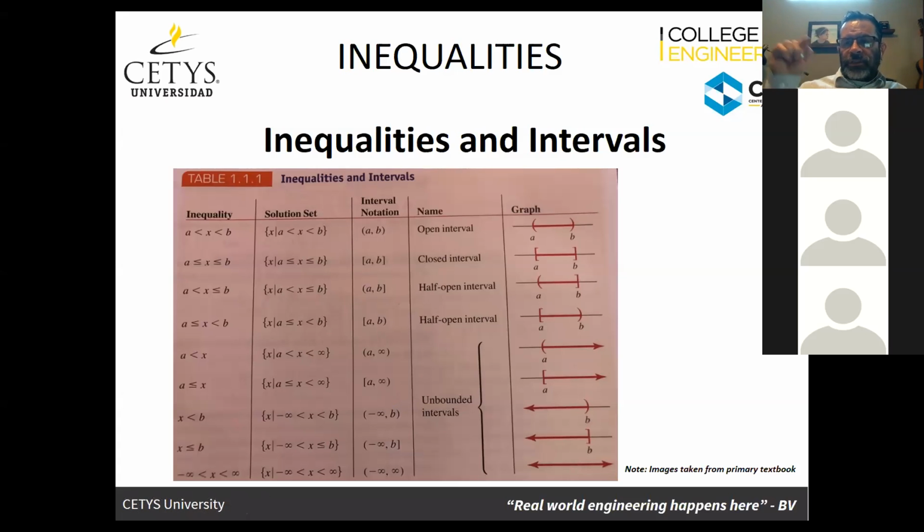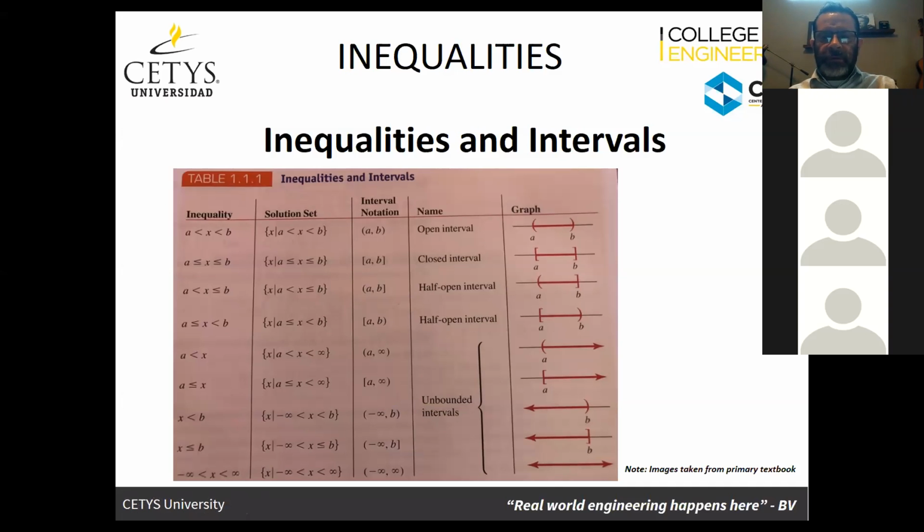A closed interval that we're going to represent with the brackets is going to be when we have a greater than or equal or a less than or equal. So whenever we have the equal is when we use the brackets. Whenever we have just the less than or greater than is when we use the parentheses. Okay.